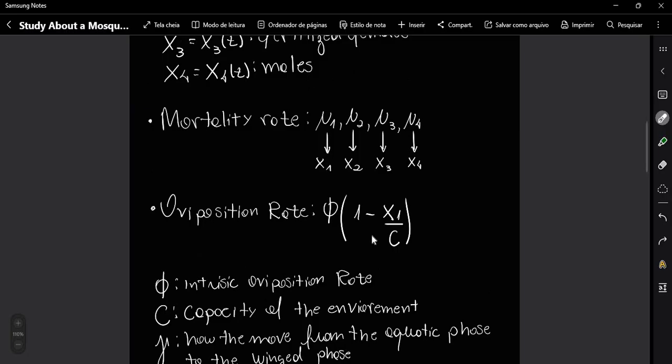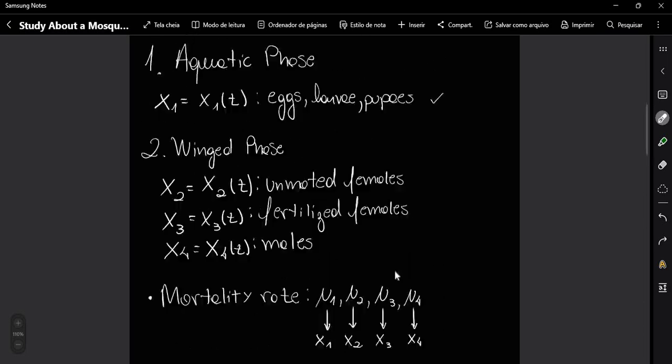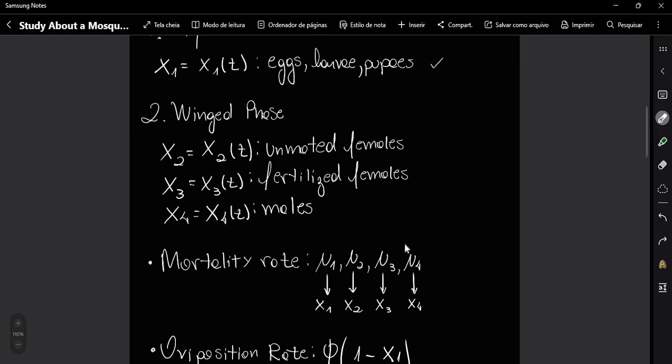We also got other variables, which are the mortality rates from each stage of development of the mosquito. For the first stage, which is eggs, larvae, pupae, we got mu1, which is a mortality rate.